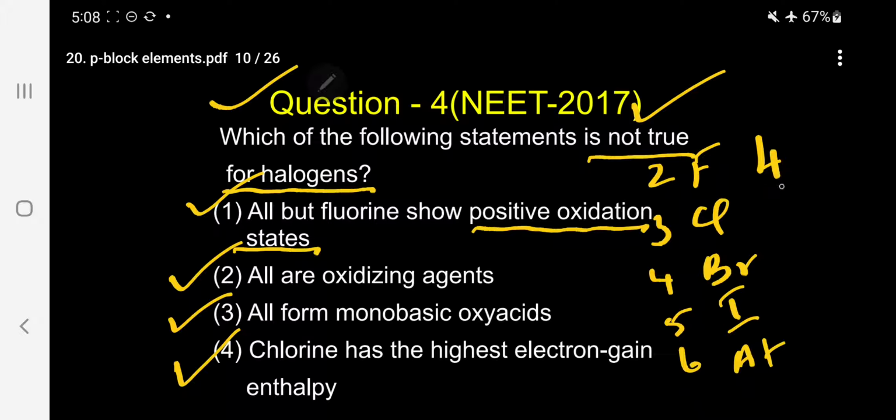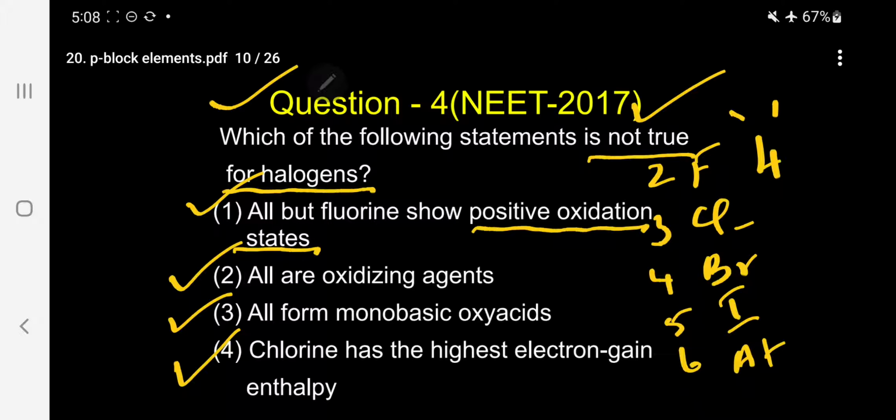In the same way, chlorine has the highest electron affinity value, electron gain enthalpy. And these two are gases. Bromine is a liquid, iodine is solid, astatine is a radioactive element. These are the informations. Now we will come to the oxidation state.